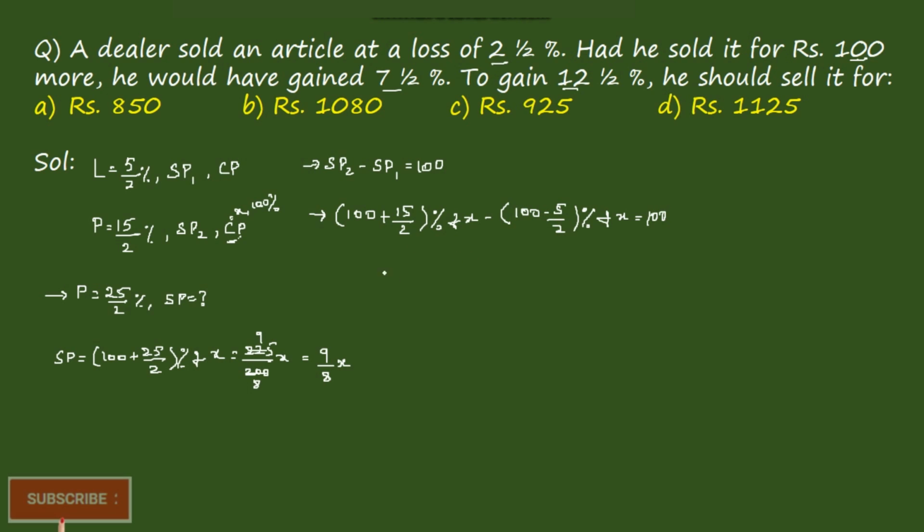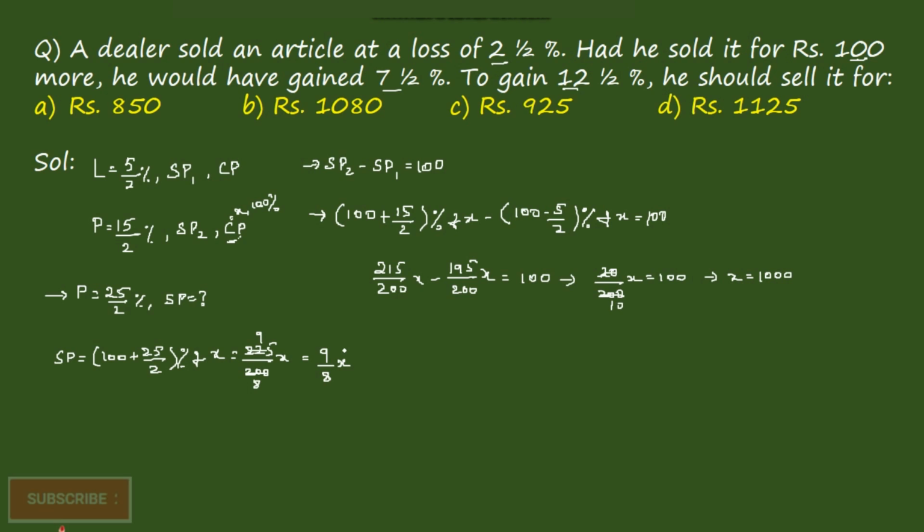So it becomes 215 by 200 X minus, here it becomes 195 by 200 X is equal to 100. So first find the difference, it becomes 20 by 200 X is equal to 100, right? Then find the value of X. X is equal to nothing but here one side goes by 10, it becomes 1000.